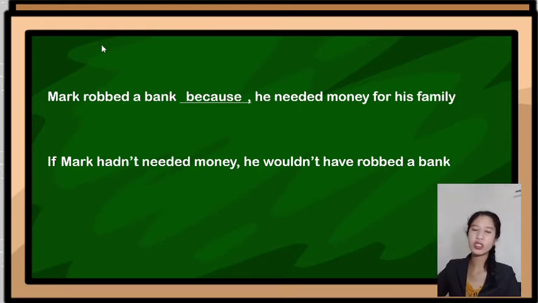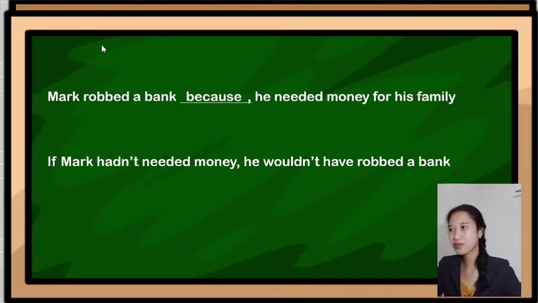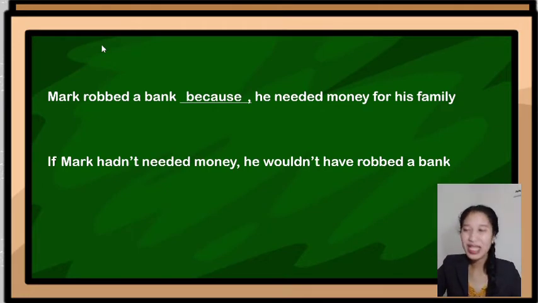Yes, of course, because if someone has a lot of money, they don't need to rob a bank to gain more money, because they can eat 3 times a day, they can get what they want, so they don't have reason to get money from others. So in this case, Mark really needs the money. Okay, do you understand? Now let's proceed to the next slide.